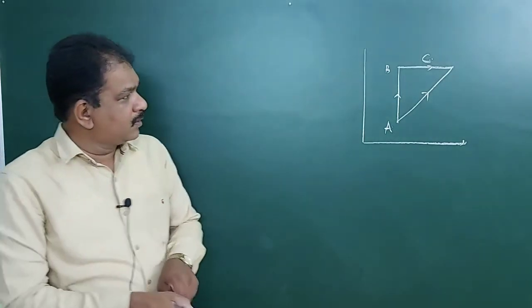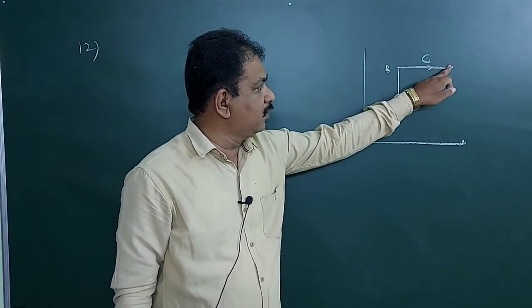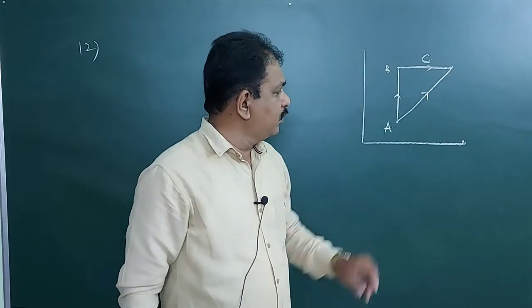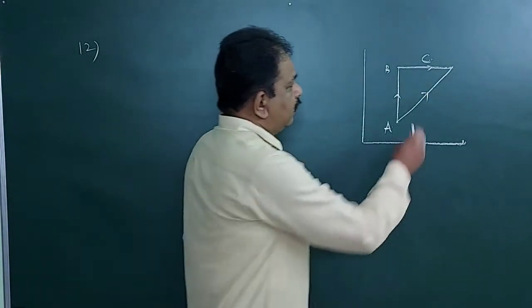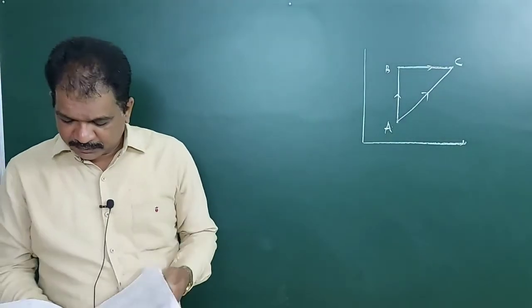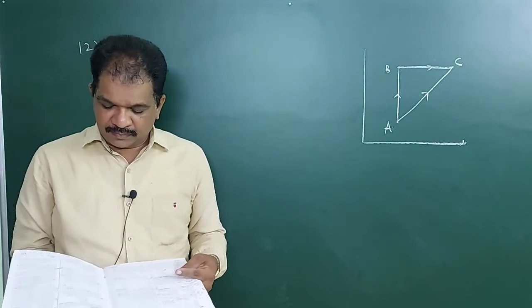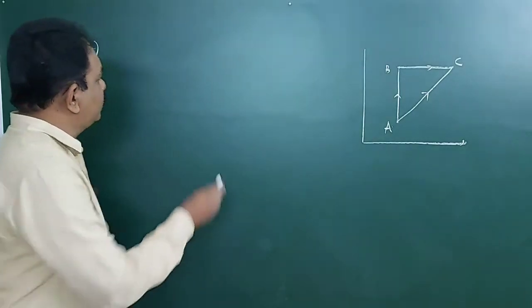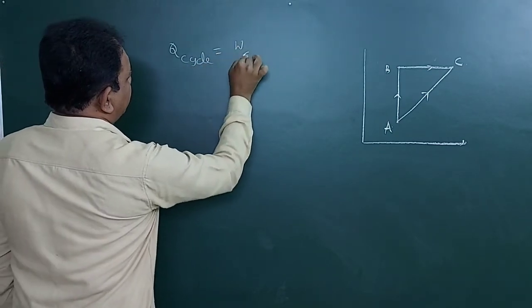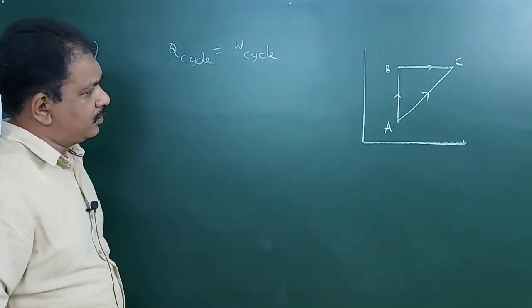Then in this process to go from here to here 400 joules, to go from here to here 100 joules added. If it goes from A to C directly, what is the heat we have to add? That is the question. Cyclic process, so here Q cycle is equal to W cycle, because internal energy change will be equal to 0.